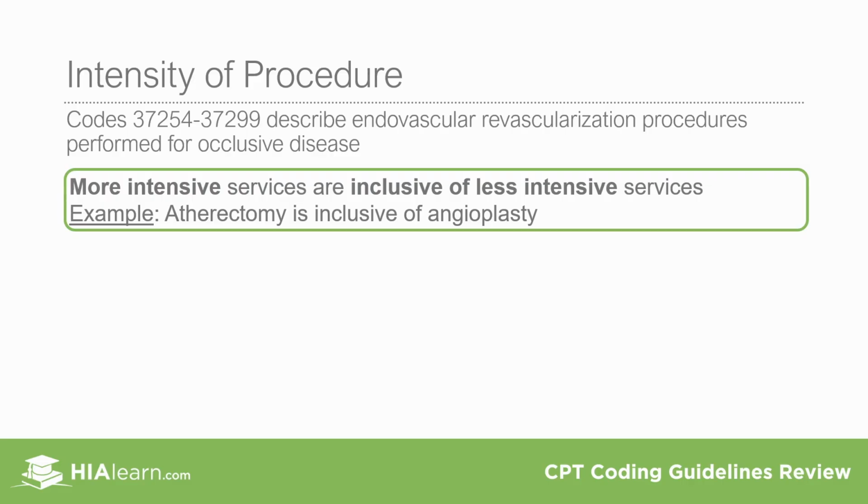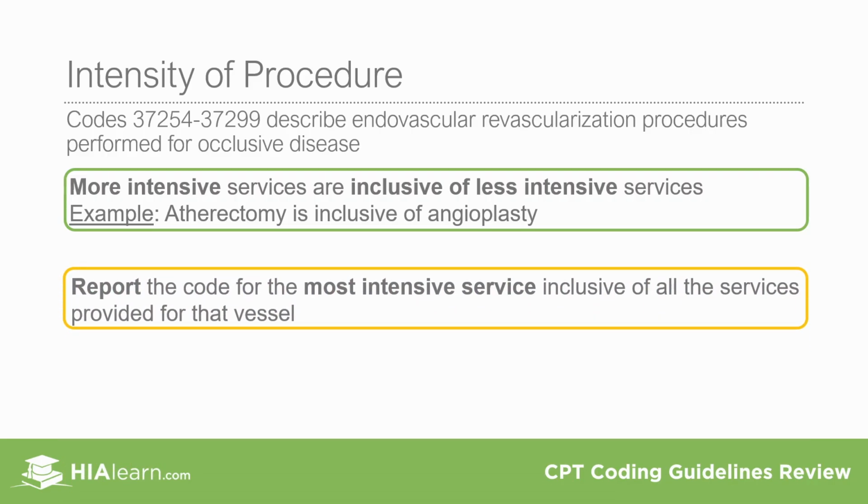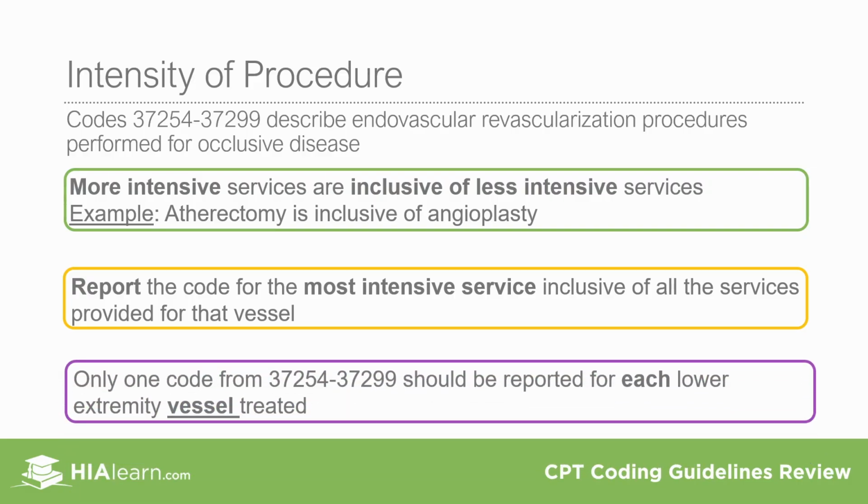For example, atherectomy procedures are inclusive of angioplasties. When more than one service is provided for a single vessel, the code for the most intensive service, inclusive of all the services provided for that vessel, should be reported. Only one code from the family of endovascular revascularization codes should be reported for each lower extremity vessel treated.